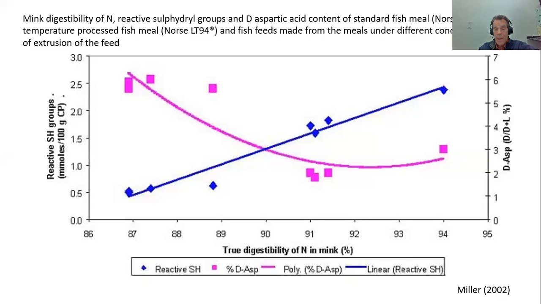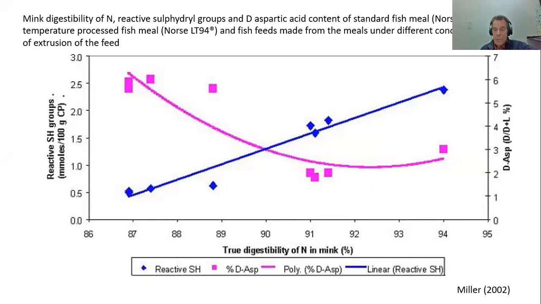There are very few studies on the impact of the amino acid isomers on digestibility, only kind of correlation. This study here looked at the processing of fish meal, standard fish meal processed according to different conditions, or different grades of fish meal, standard fish meal, low temperature processed fish meal, and then different feeds made.